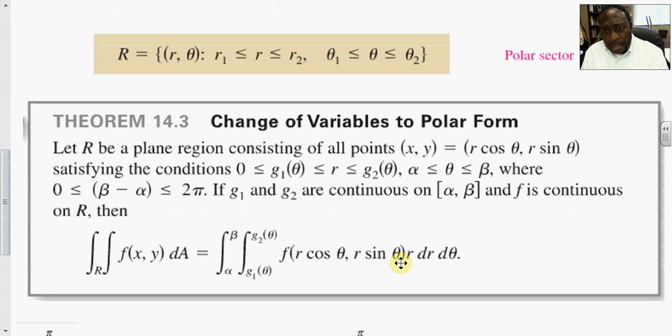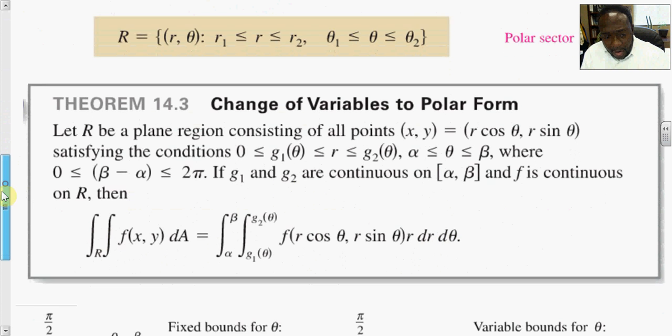Here the generating factor in the conversion is an r factor, so it's r dr d theta. So if you're going from rectangular to polar coordinates, make sure that you always have this r factor there, and then dr d theta or d theta dr.